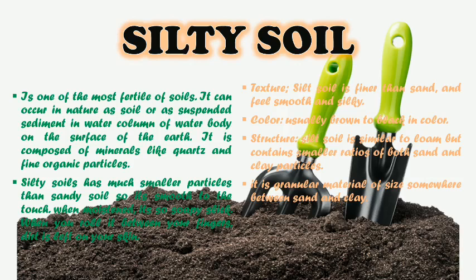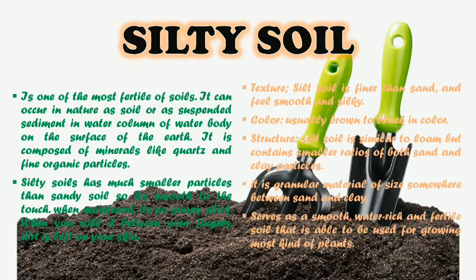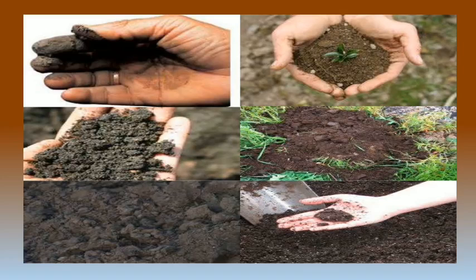It is granular material of size somewhere between sand and clay. Silty soils also serve as a smooth, water-rich, and fertile soil that is able to be used for growing most kinds of plants.